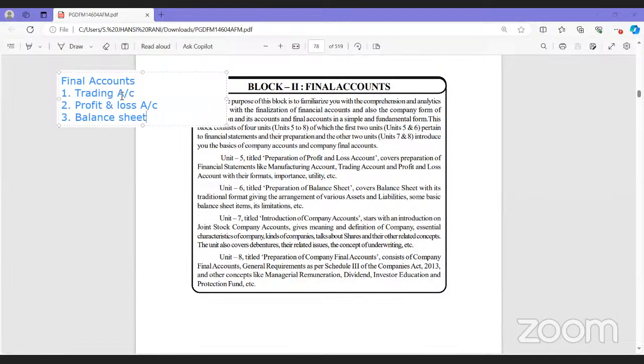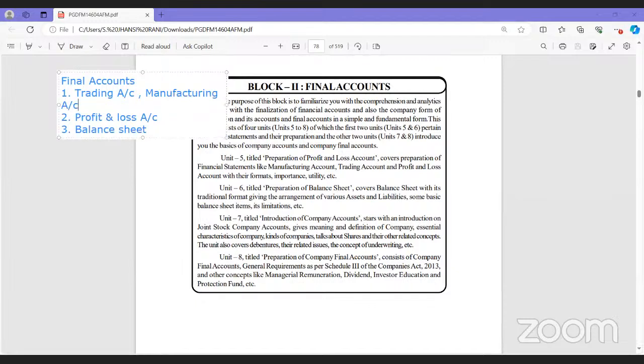Under that, the first one is trading account, next one is profit and loss account, and the last one is balance sheet. So in block 2 unit 5, we will try to understand trading account. In some other businesses it will be manufacturing account also.